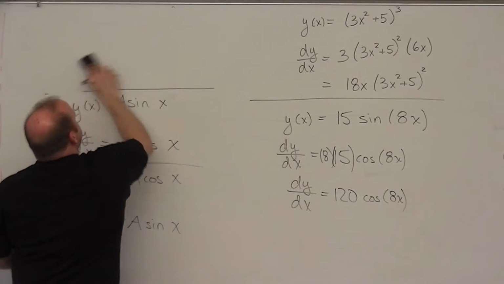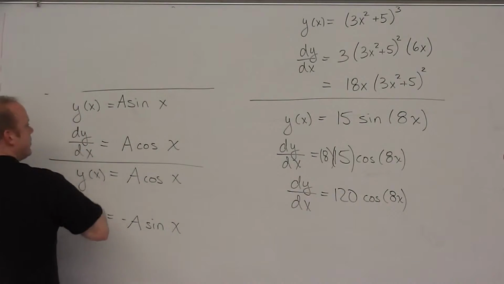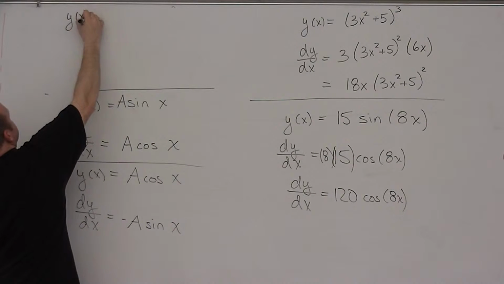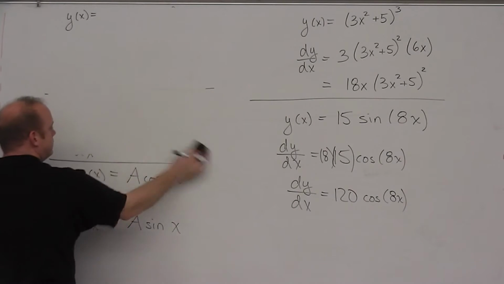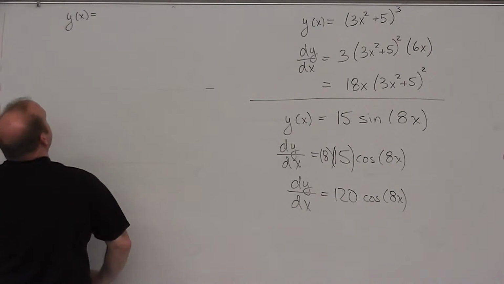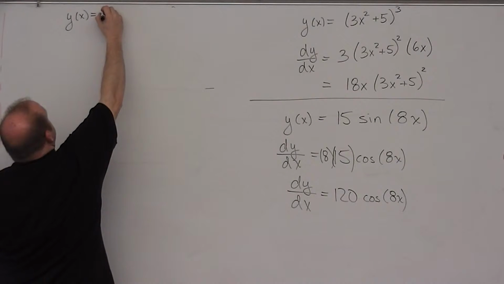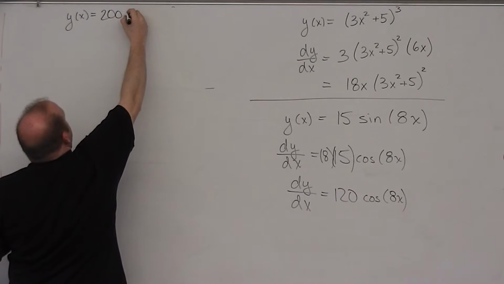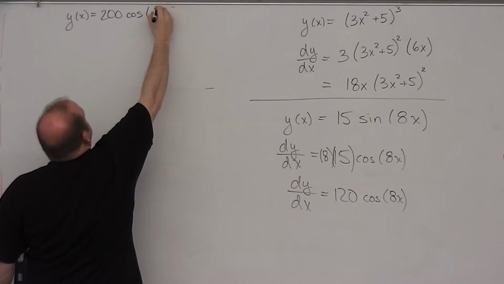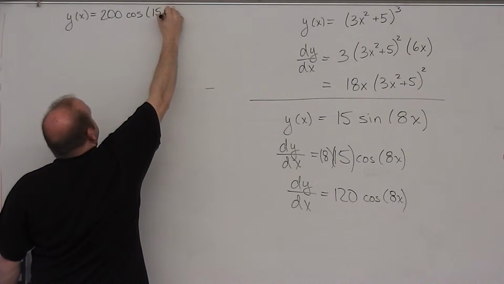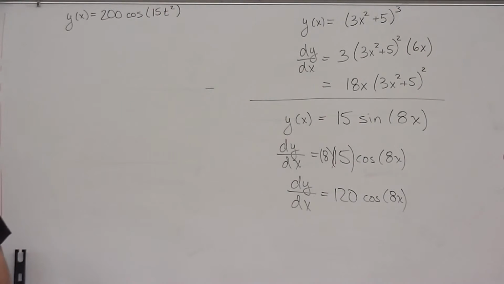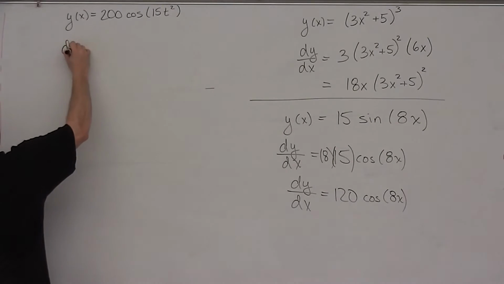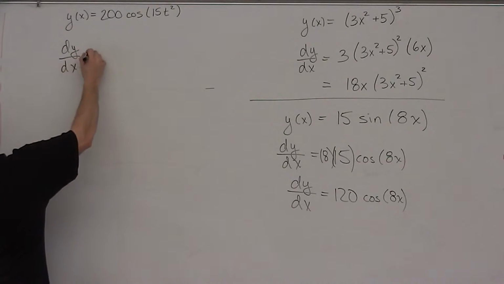Let's take a look at a cosine example. Say y of x is equal to 200 cosine of 15t squared. Ooh. Uh-oh. Well, we're just going to do what we did before. And we have the chain rule involved. Just that the derivative is a little bit more complicated.